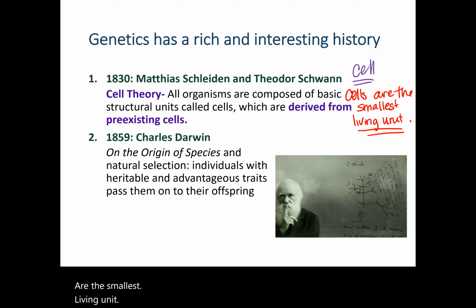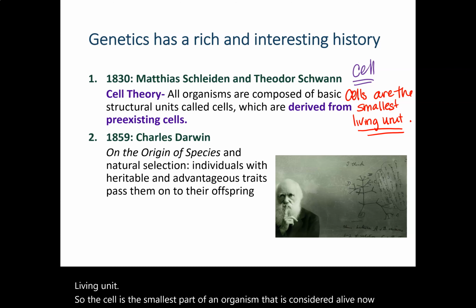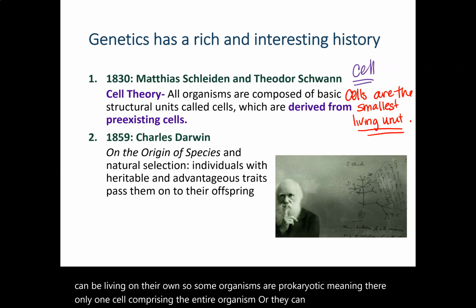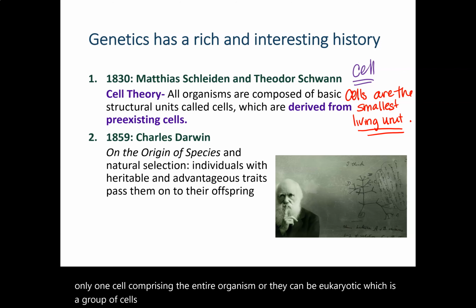Okay, so the cell is the smallest part of an organism that is considered alive. Now, cells can be living on their own. So some organisms are prokaryotic, meaning they're only one cell comprising the entire organism, or they can be eukaryotic, which is a group of cells that work together to form an organism.